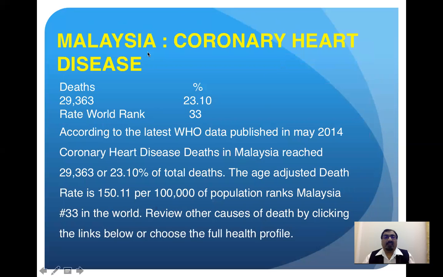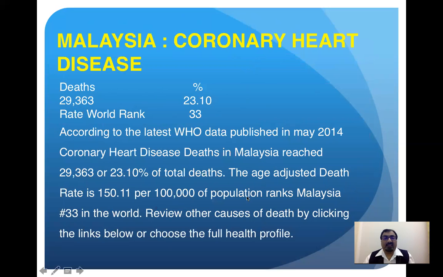If you look at coronary artery disease in Malaysia, Malaysia ranks 33 as per the WHO data published in 2014. Malaysia reached 29,363 deaths per year, or 23.10%.